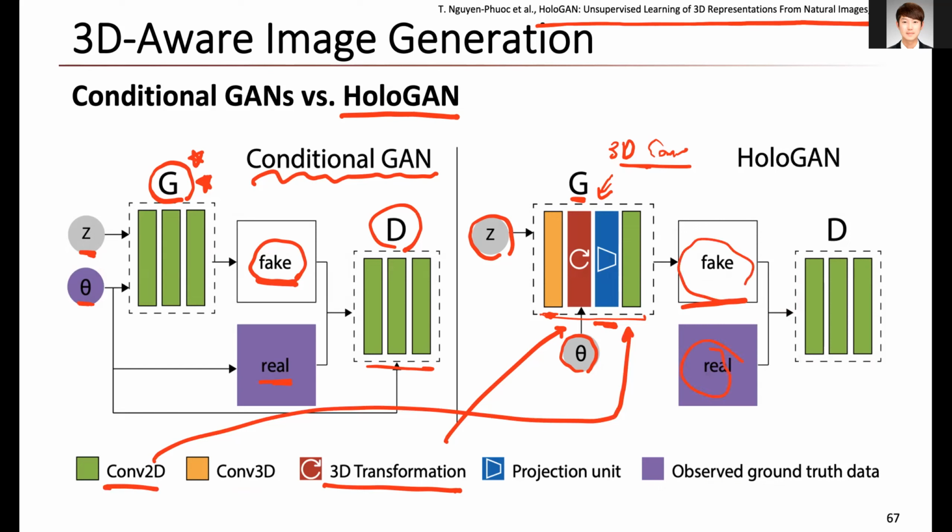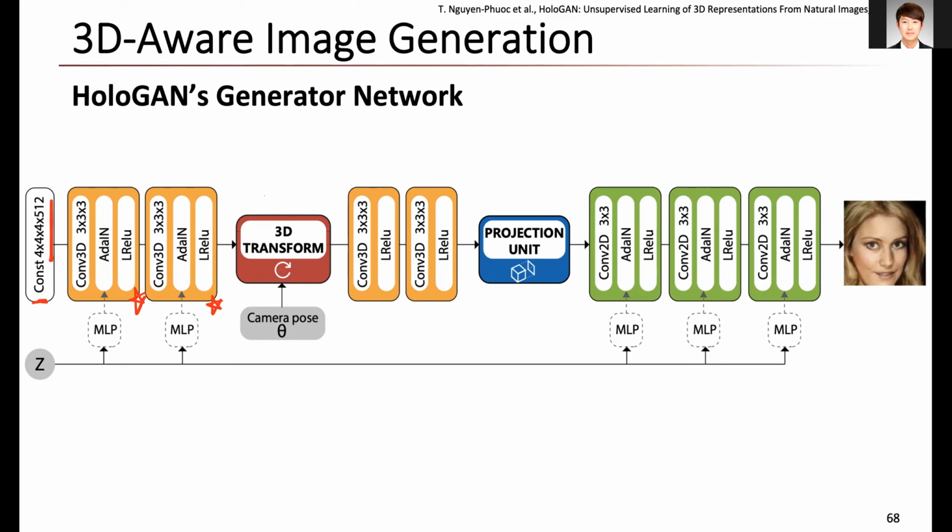If we see this generator in detail, it looks like this. Similarly to StyleGAN, they start from a constant vector, but this constant vector is defined in a 3D tensor space. So not 4x4 by 512, in this case 4x4x4 by 512. Then apply a 3D convolutional neural network.